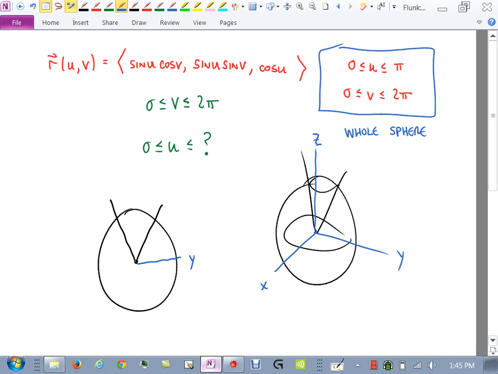This is Y and this is Z. Then what's the equation of that circle? Z squared plus Y squared is 1.